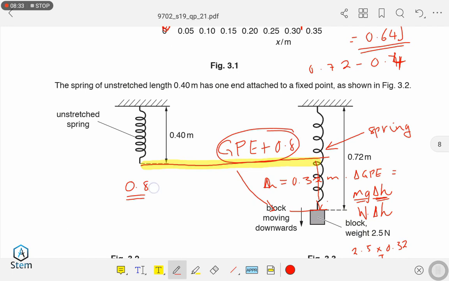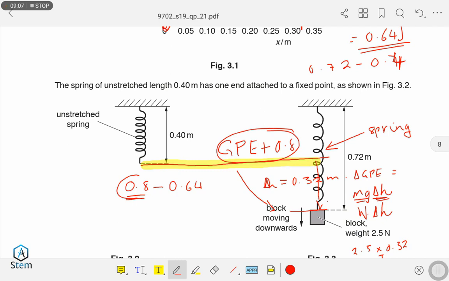And we are going to subtract a part of the gravitational potential energy that was taken by the spring as the spring increased its elastic potential energy. That elastic potential energy which increased in the spring is being taken away from this 0.8. So we are going to have minus 0.64, which is the elastic potential energy that we calculated.